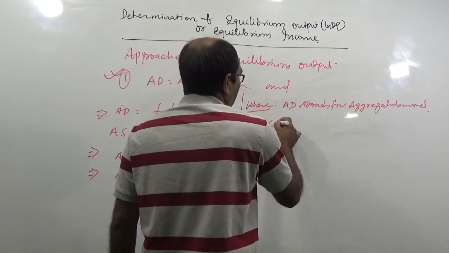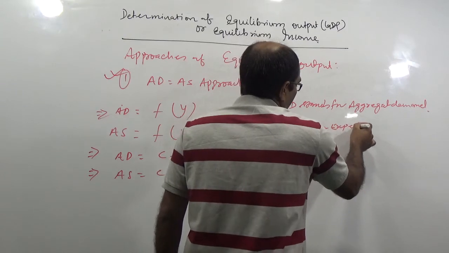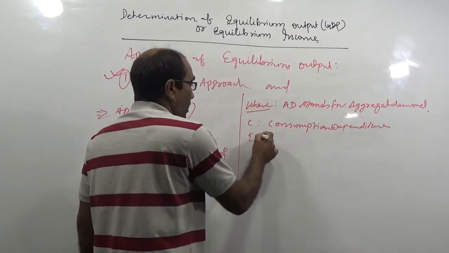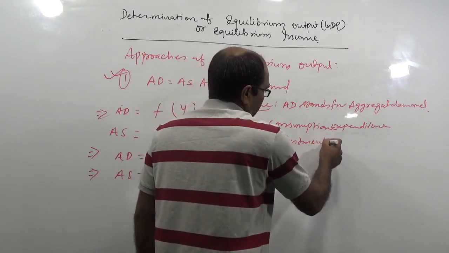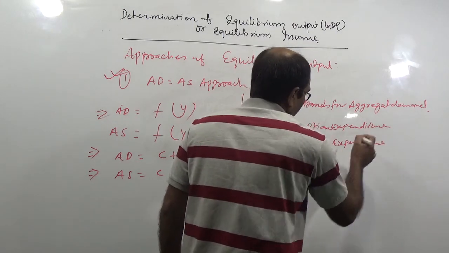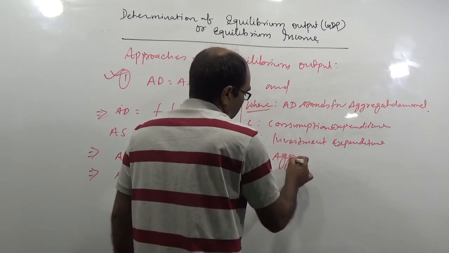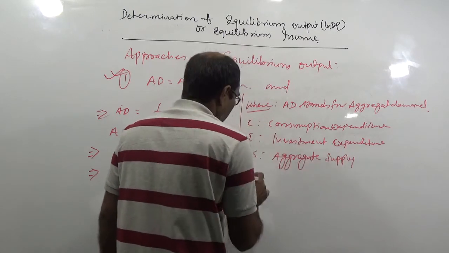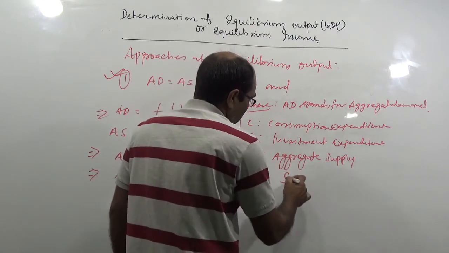C stands for consumption expenditure, I for investment expenditure, AS for aggregate supply, and S for saving.